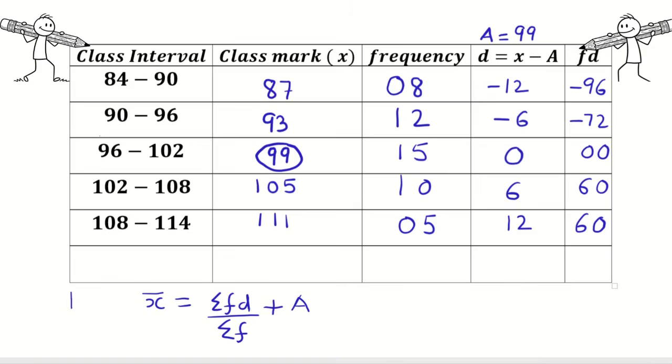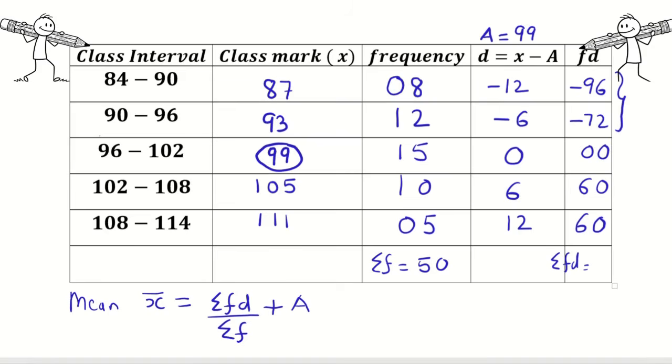Now since the formula is x bar is equal to sigma FD upon sigma F plus A, whatever is there in the formula, you need to show in the table. So what is sigma F? Sigma F is, when you total this, it comes to 50. And what is sigma FD? Now I'll teach you one trick for sigma FD. Here, you can make a curly bracket.